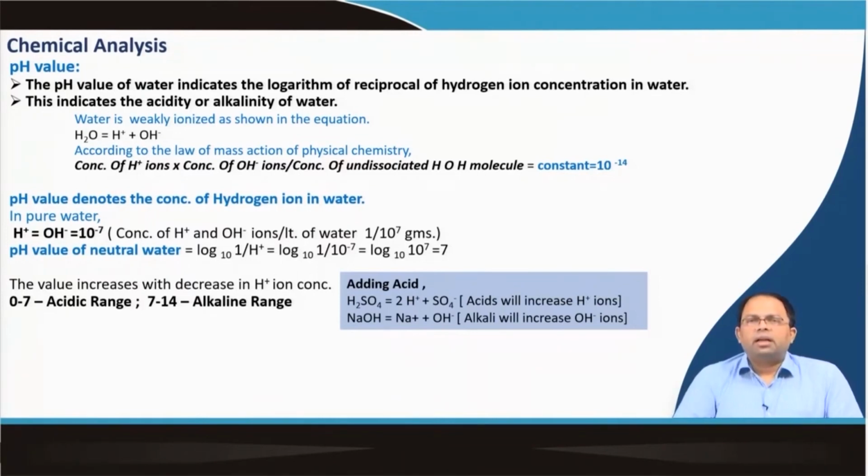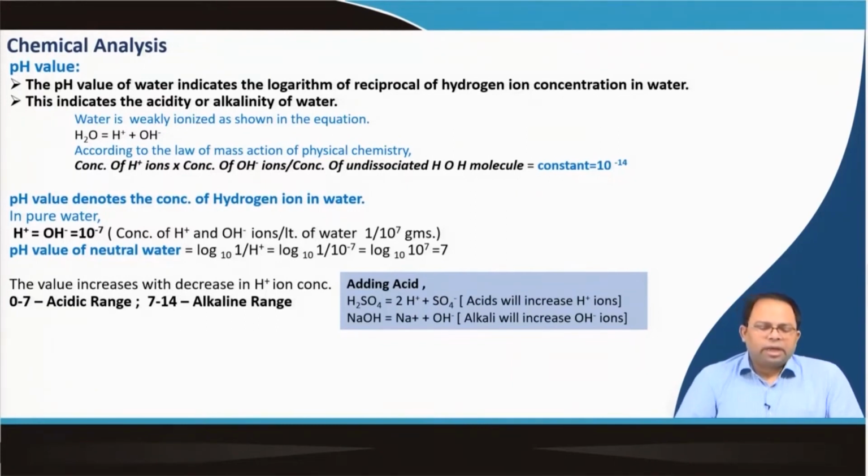The most important one that we conduct is to determine the pH value of water, because it influences a lot of processes. The pH value of water is the logarithm of the reciprocal of hydrogen ion concentration in water, and this indicates whether a water is acidic or a little bit basic or alkaline.